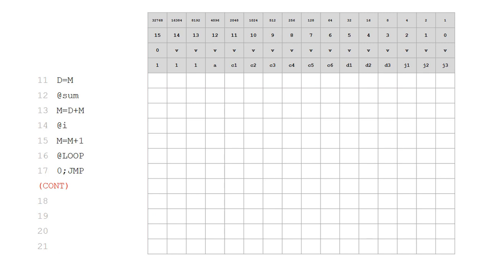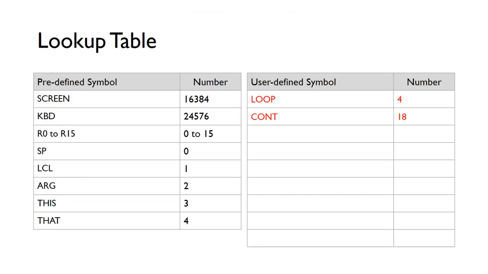We carry on going through the code and find another label, cont, and the next line there is 18. So we just put those into our user-defined symbols list: loop with line number 4 and cont with line number 18.